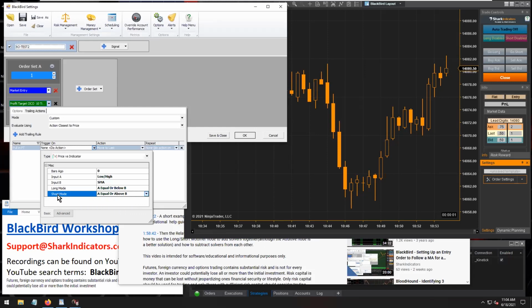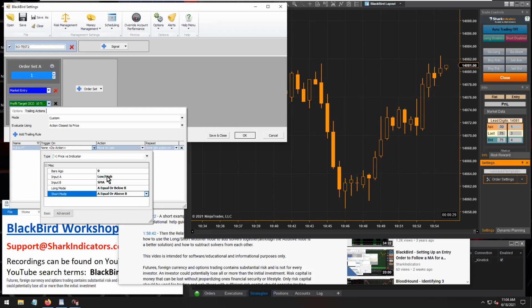If it's a short trade, then the high price is equal to or above the SMA. That's our pullback condition there. So this price versus indicator is one simple way we were able to define the market making a pullback.